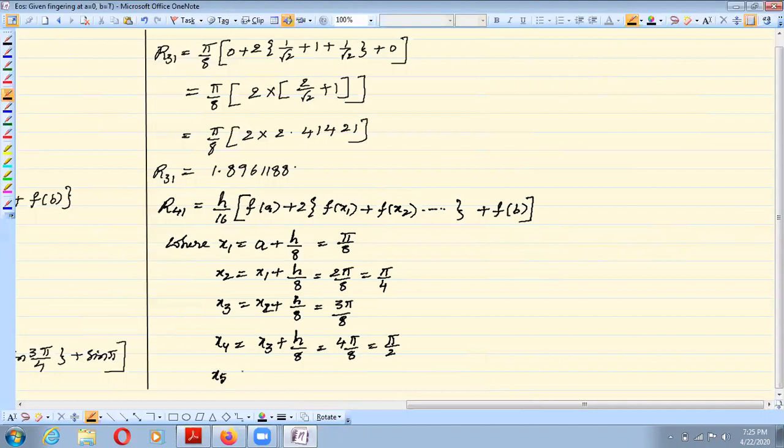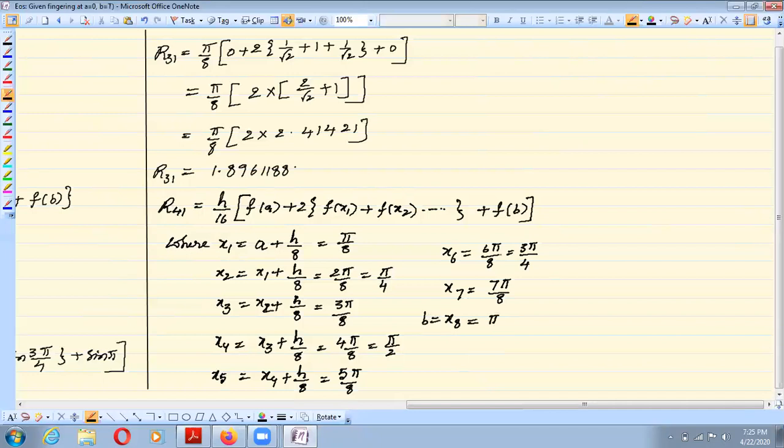Next x5, x4 plus h by 8, that is equal to 5 pi by 8, and x6 is equal to x5 plus h by 8, that means 6 pi by 8, that is 3 pi by 4. x7 is equal to 7 pi by 8, x8, that means 5. So this will be equal to b. So this can be continuation of the R4 one.